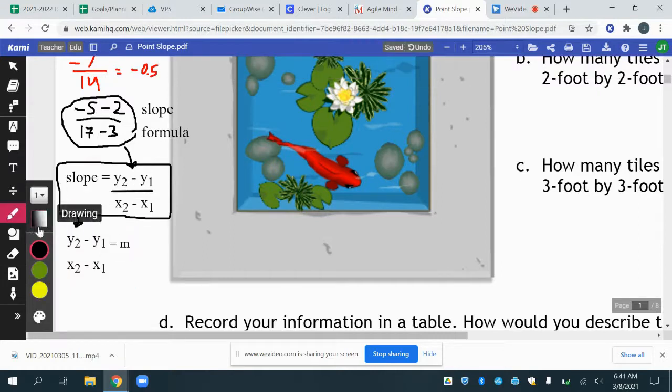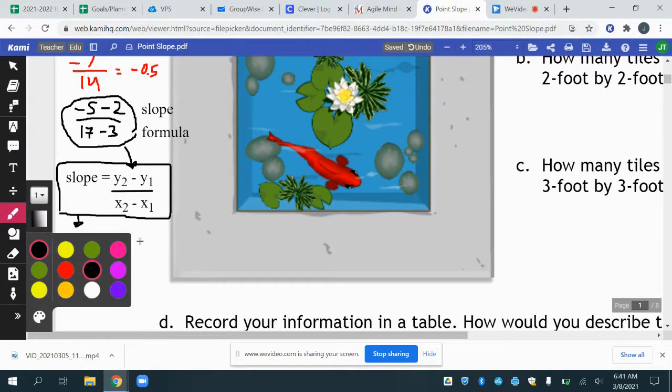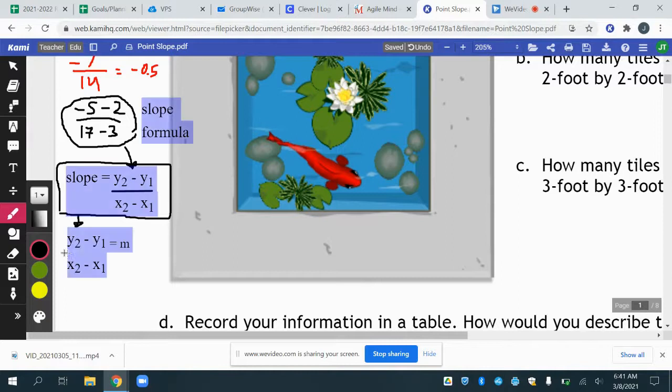Formula. And what ends up happening is just like if I had, oh, I don't know, there.